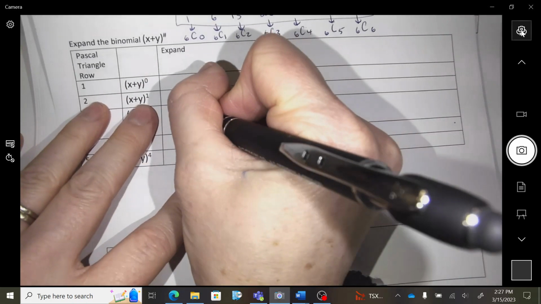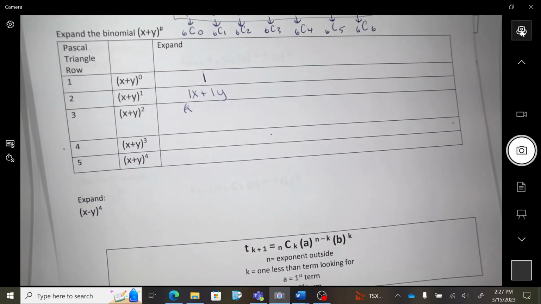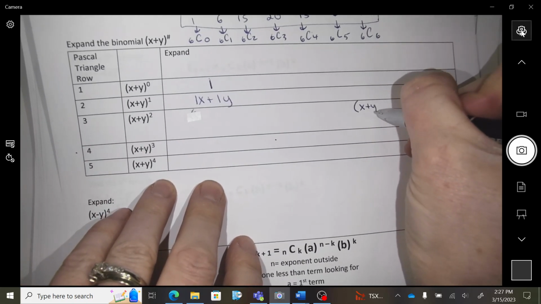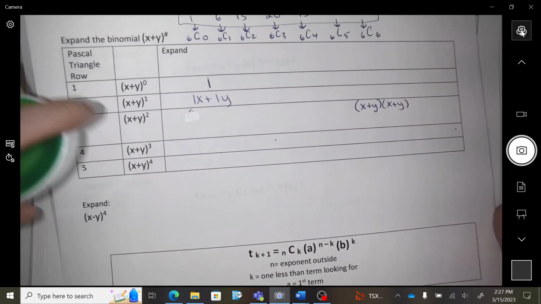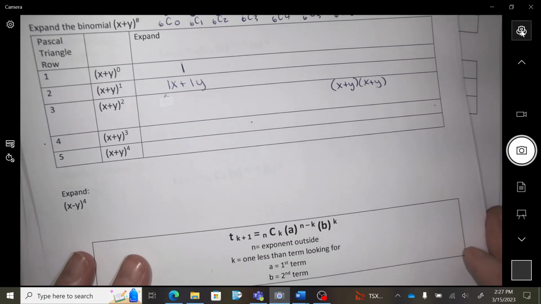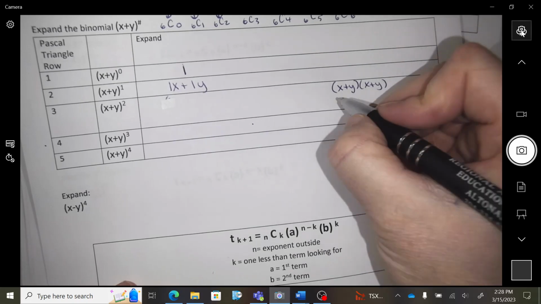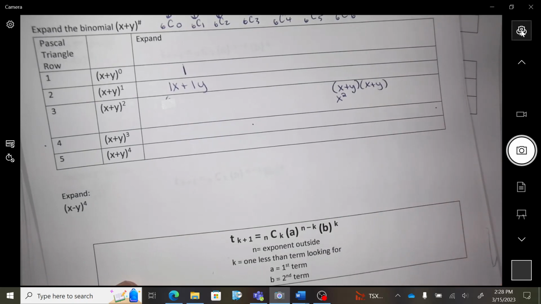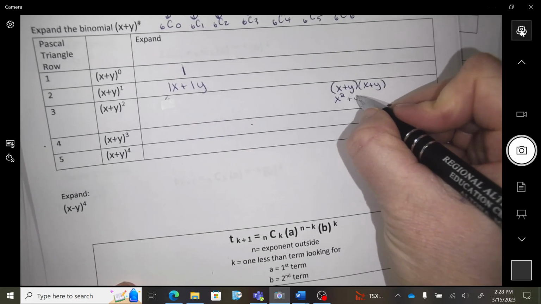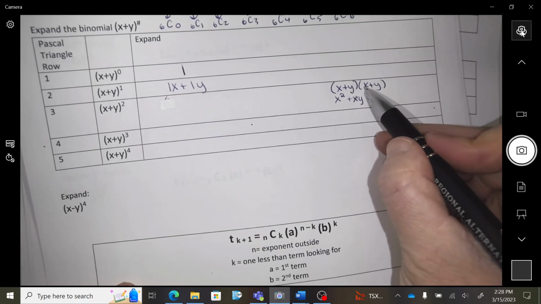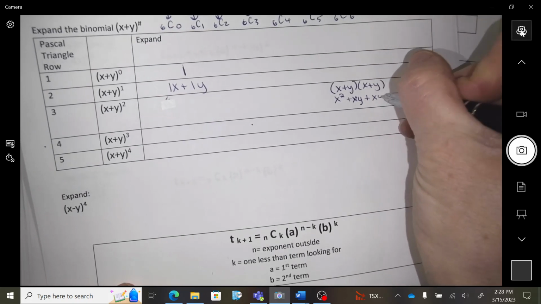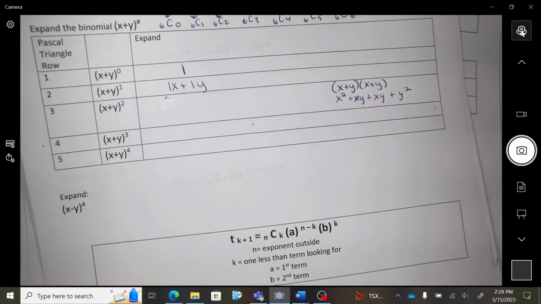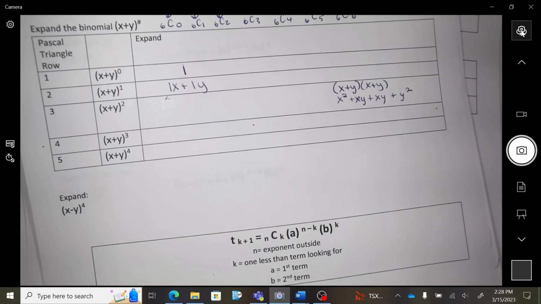Let's do it over here on the side a little bit more. Let's do x plus y squared. So first is x squared. Outside times outside is xy. Inside times inside is an xy. And last times last is y squared. That's my FOIL, right? Did you see I just did the 4 parts of the FOIL?